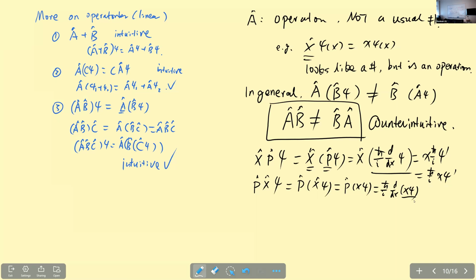Now this is a product of two functions, and we do a differential, so you should do this by parts. The first one is h bar over i psi, and then plus h bar over i x times psi prime. So if you compare the two, this one equals this one, but now you have another term. You have an extra term.